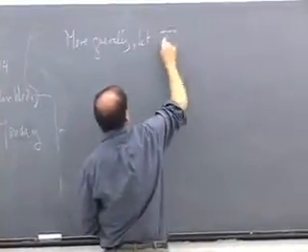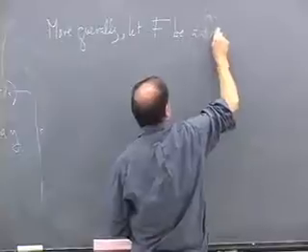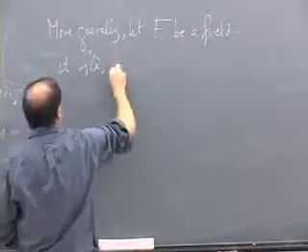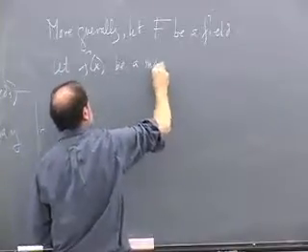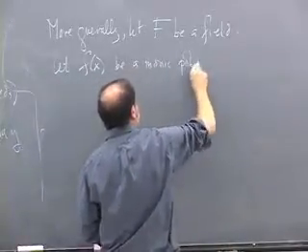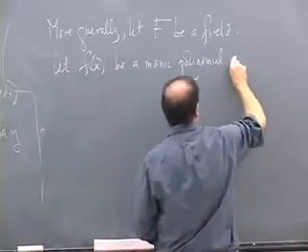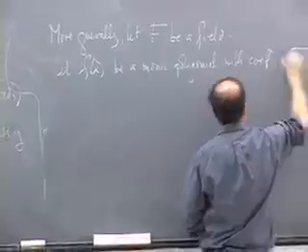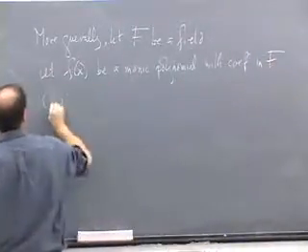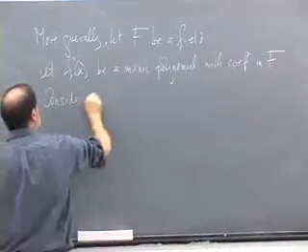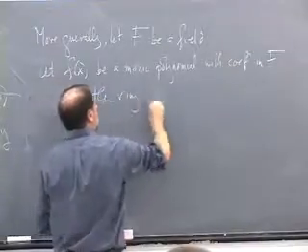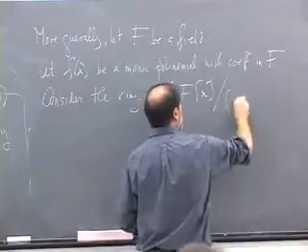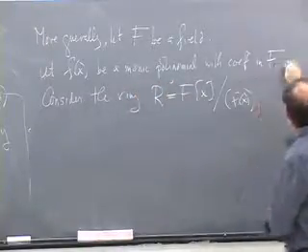Let F be a field. Let f of x be a monic polynomial with coefficients in F. Consider the ring R, which is F of x modulo the ideal generated by f of x. Say this has degree n.